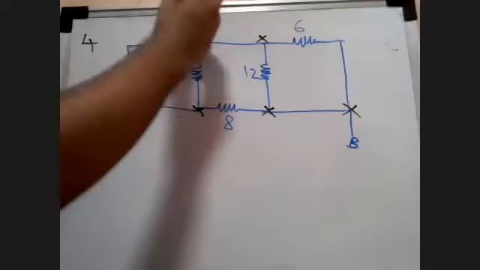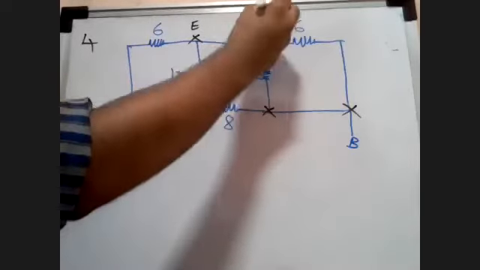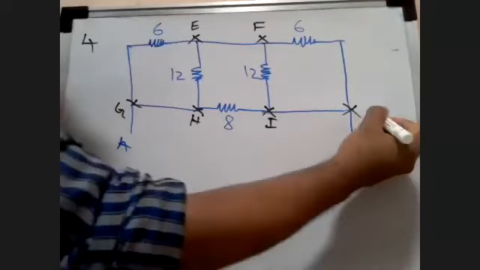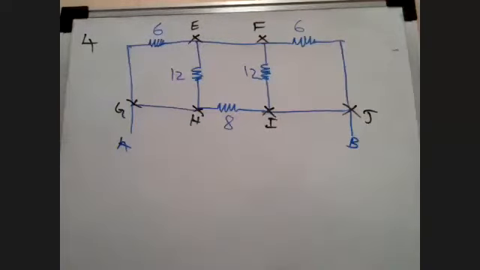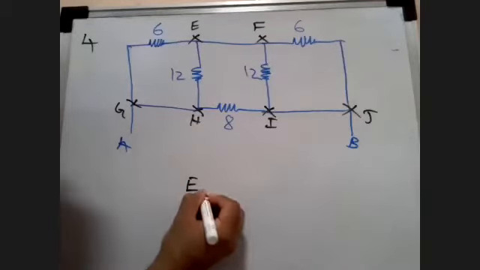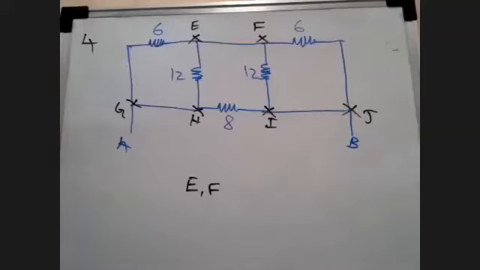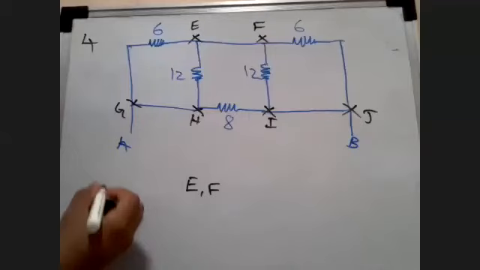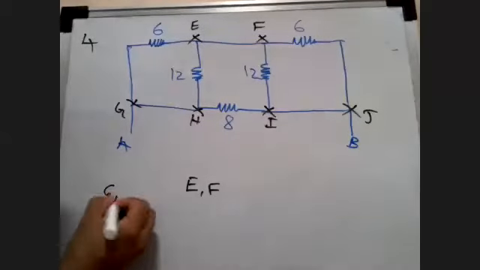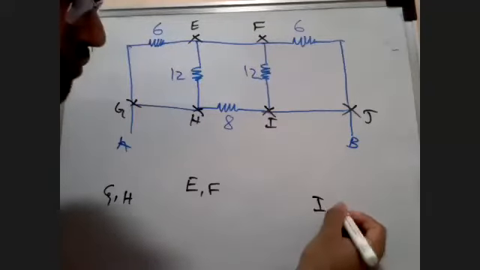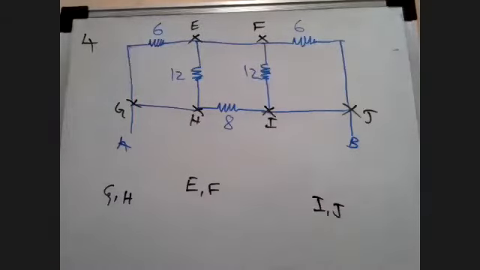So let me name the points: E, F, G, H, I, and J. Now I can say that E and F are one point, G and H are one point, and there's also I and J.